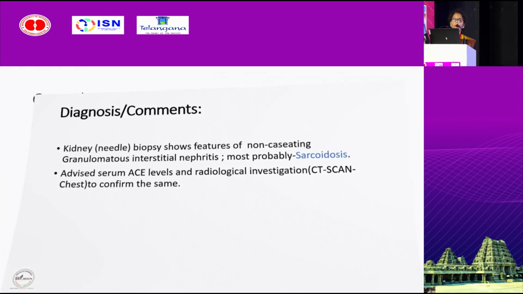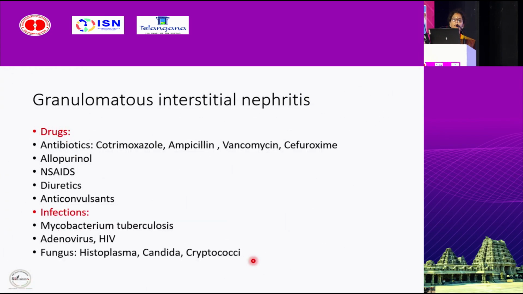So granulomatous interstitial nephritis we see in drugs, antibiotics like ampicillin, cotrimoxazole, vancomycin, cefuroxime, allopurinol, NSAIDs, diuretics or anticonvulsants.